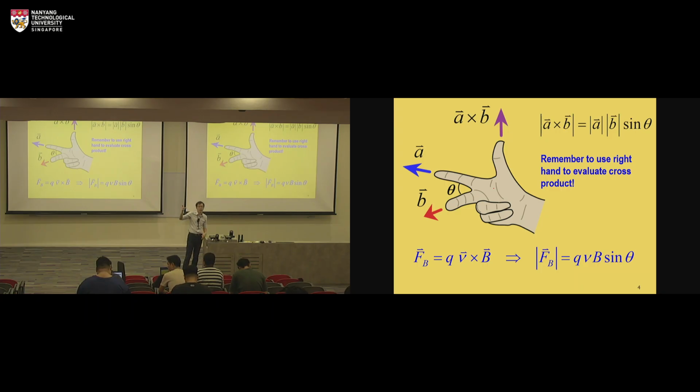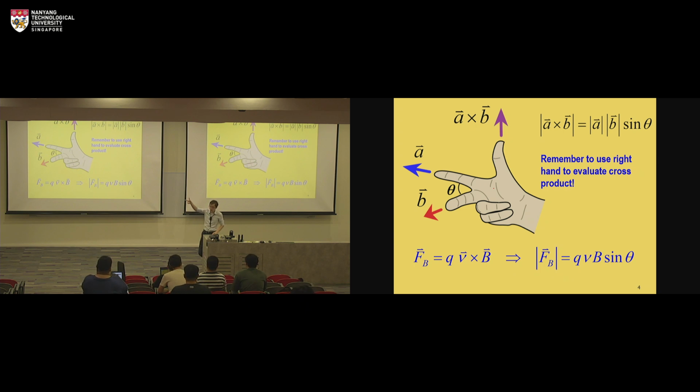For any two vectors, this is how you determine the direction of the cross product. You use your right hand. Make sure these three fingers are mutually perpendicular to each other, that is to say, like the three-dimensional coordinates x, y, z.